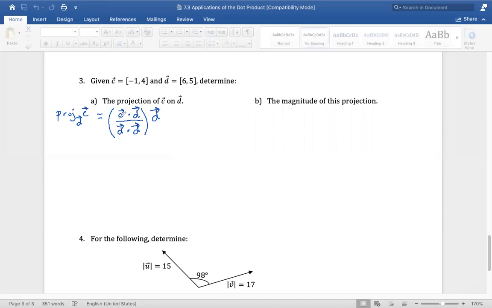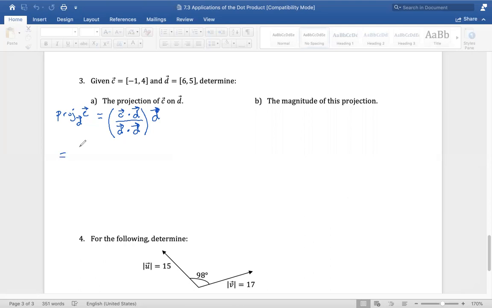Okay, so at first I'm just going to fill in what's in the brackets because there's, let's say, a lot of information going on here, and just carry on the D vector until I need to plug it in, and then I can just plug in 6 and 5 there. So what is my Cartesian vector? C is -1, 4.